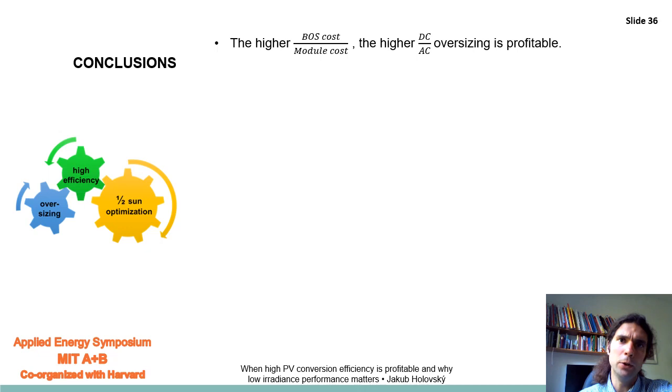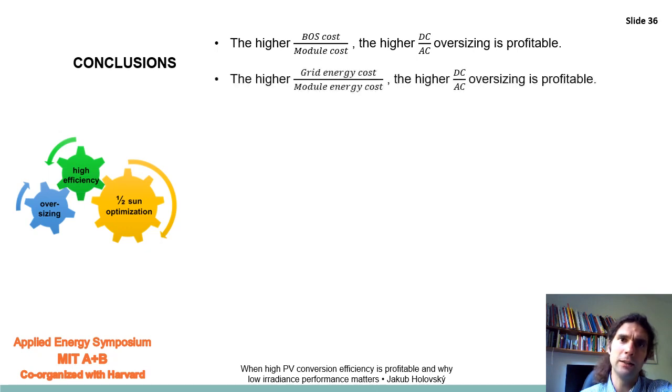The higher BOS cost over module cost, the higher DC to AC oversizing is profitable. The higher grid energy cost over module energy cost, again, the higher oversizing is profitable.